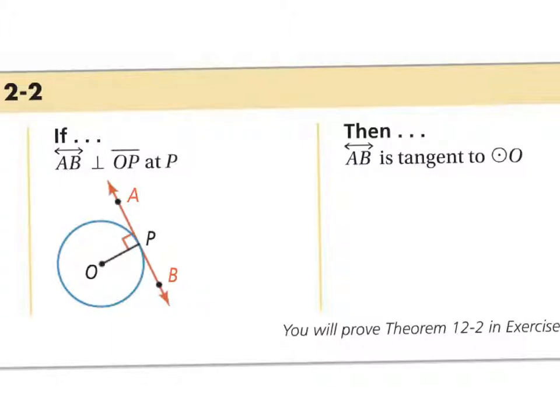Now, there are 2 endpoints of a radius. One is the center of the circle. The other is on the circle. So, of course, they're talking about the one on the circle. Okay? So, if it is perpendicular to a radius at its endpoint, then that line must be a tangent line. It must be tangent to that circle. Okay? That's the only way that that works. All right. Questions or comments on the front page of your notes?